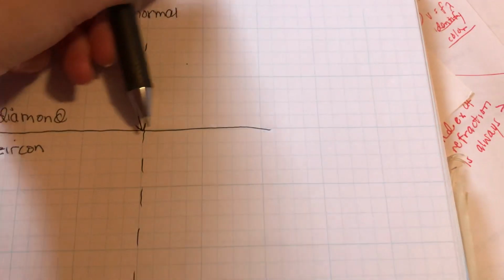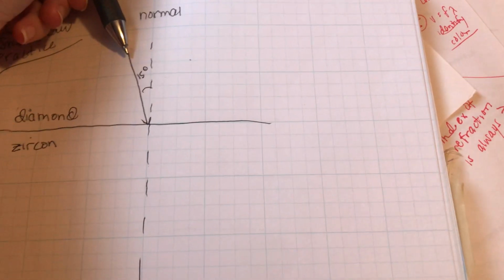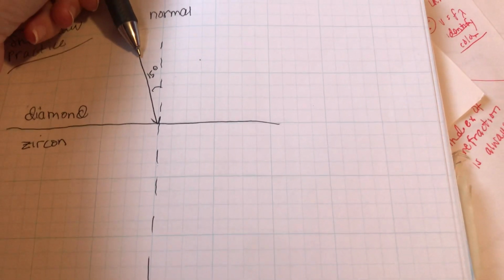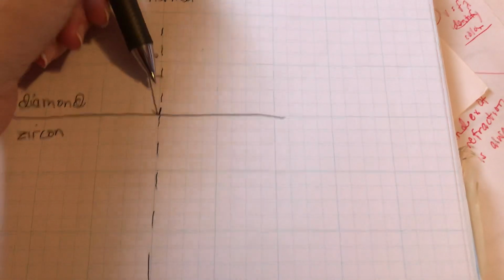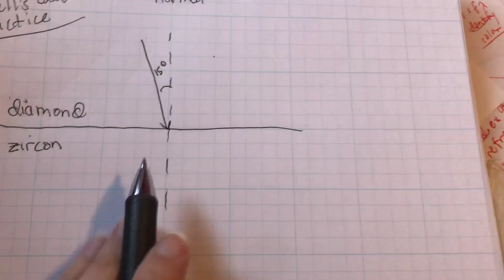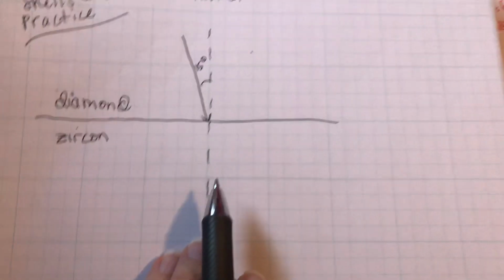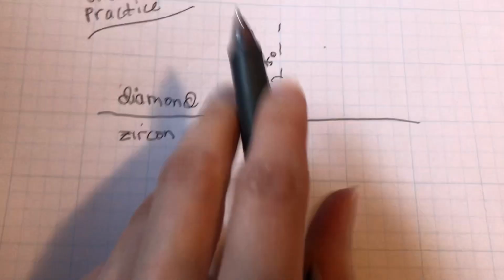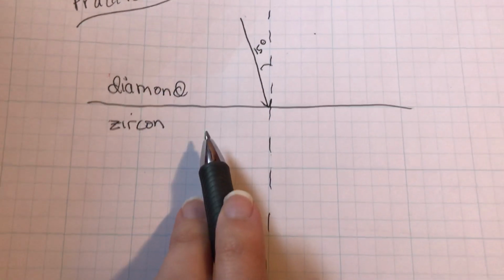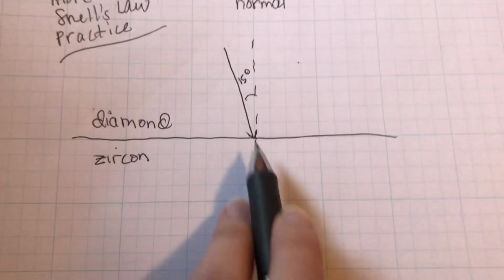But once we move that light source to an oblique angle relative to the normal, that light is going to bend when it is transmitted across this interface. So given this angle of incidence, what is the angle of refraction? In other words, when the light passes from diamond into zircon, what is the new angle relative to the normal?